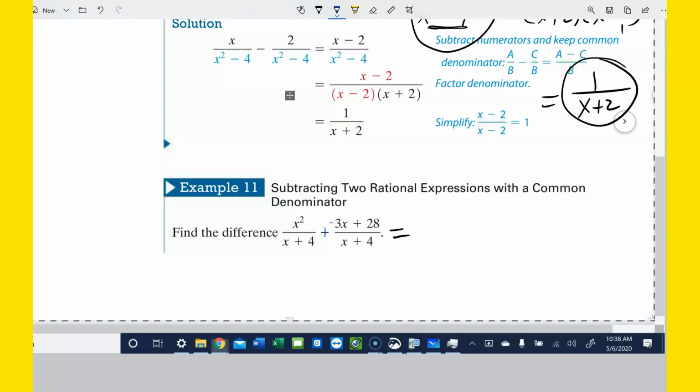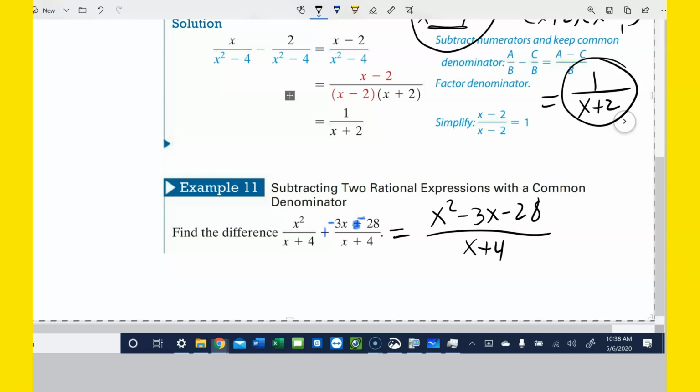So that's going to become a negative 3x, and it's going to become a negative 28. Okay, so now combine like terms on top, and I have x squared minus 3x minus 28 over x plus 4.